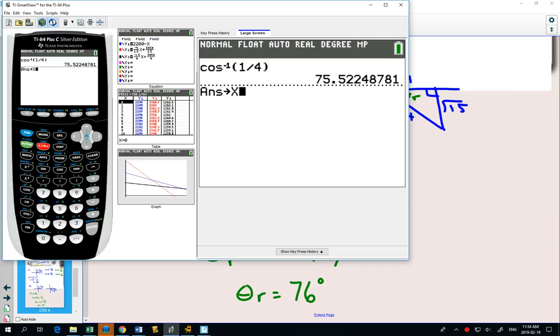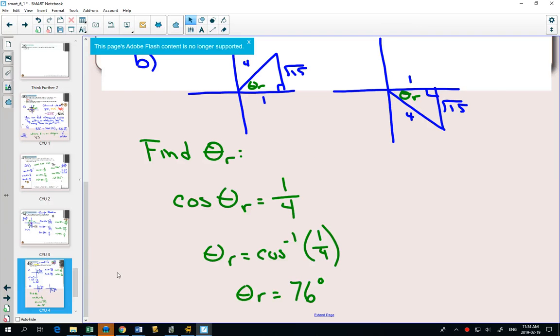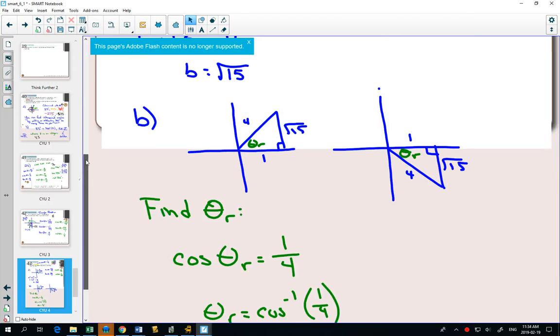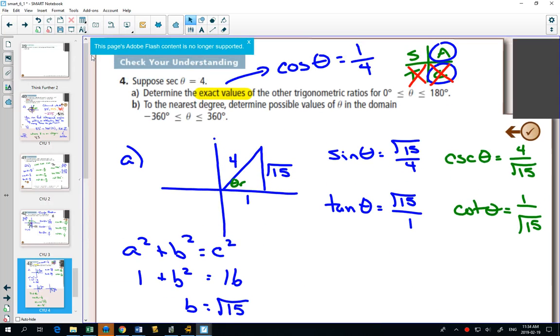But you can also go all these letters. You can go alpha A, alpha B. You can choose all the different letters if you'd like. If you do that, it stores it as X. Now, why would I want to maybe store it as X? Well, I need to find all the angles between negative 360 and 360 degrees, because that's the domain that was given to us right here in the question.